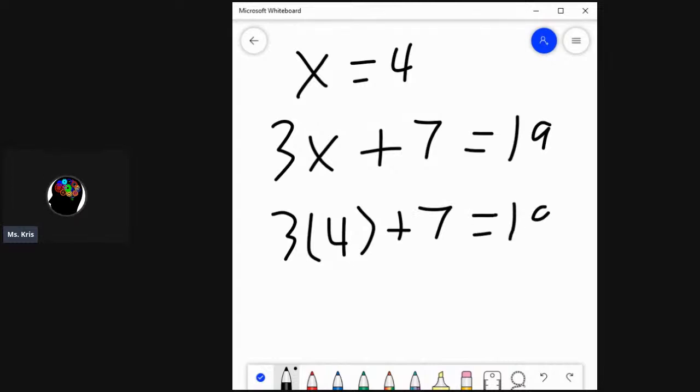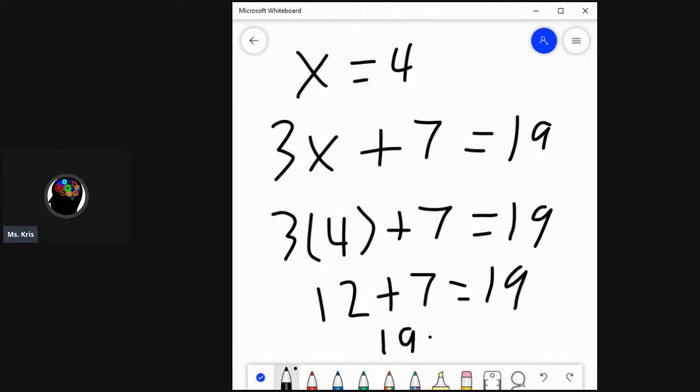So now 3 times 4, that's 12, plus 7 equals 19. 12 plus 7, that gives me my 19, which equals still 19. And this is how you can check your answer.